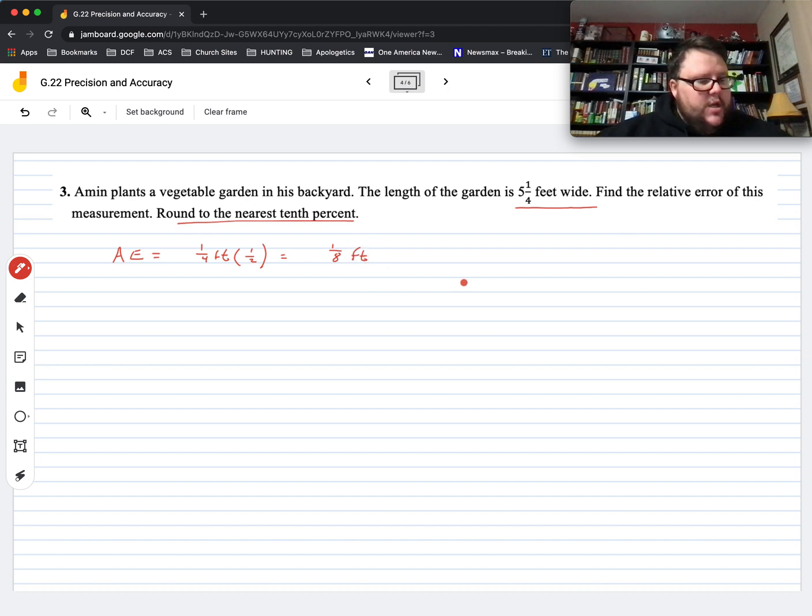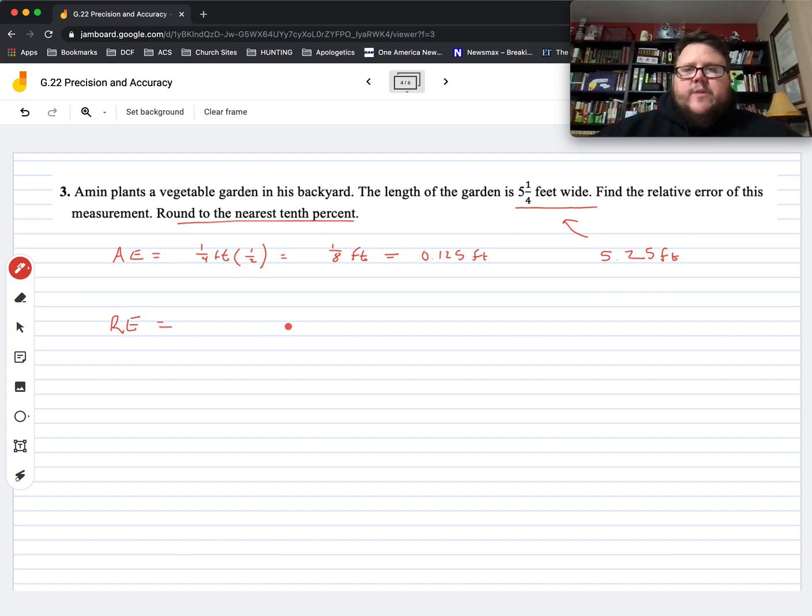Now I'm going to do this as a decimal because when we do the relative error, it's going to be easier to do them when they're in decimal form. So 1/8 as a decimal equals 0.125 feet, and 5 1/4 is 5.25 feet.